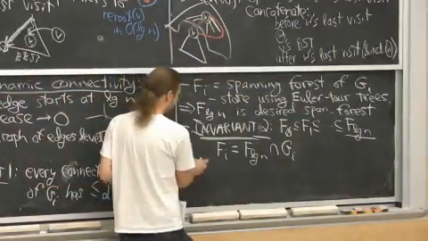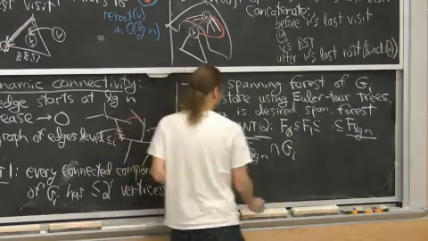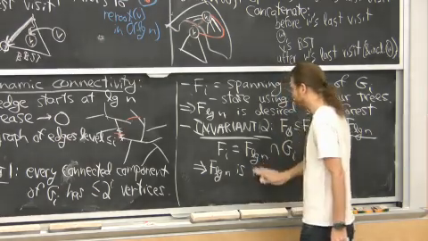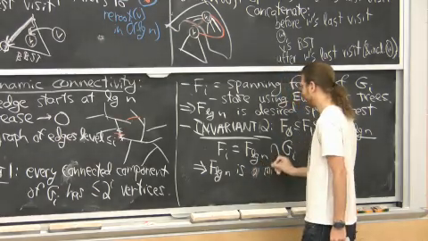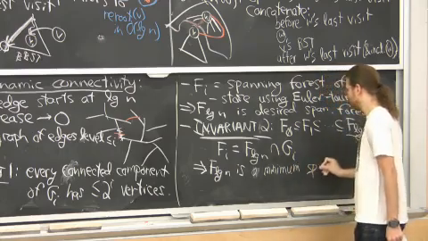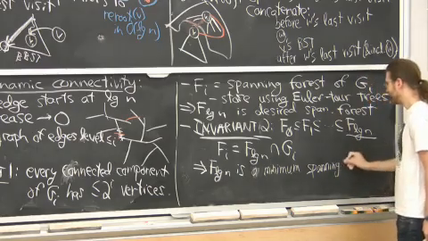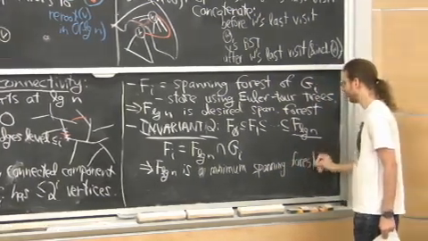Fun fact is that that forest, then, is actually not just any spanning forest. It's a minimum spanning forest with respect to level. You've probably heard of minimum spanning tree. Minimum spanning forest is just the analog for disconnected graphs.